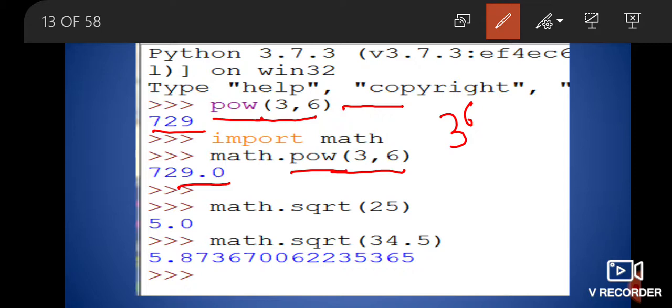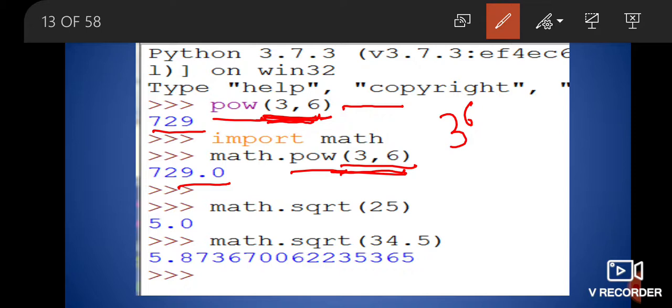So here you can see that the pow function of the math module returns a floating point result, whereas the inbuilt pow function might return the result in the form of an integer value or floating value, depending upon what kind of operands you are giving to it. Here I have given integer parameters only, but still I am getting the answer as a float value. Clear?